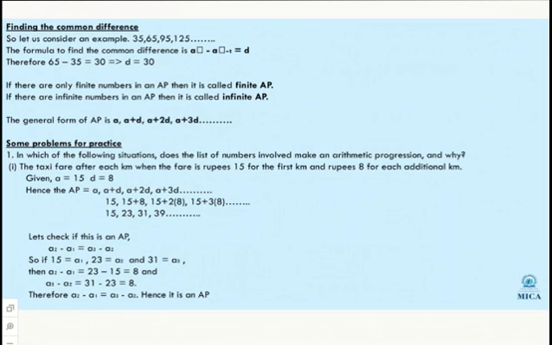Finding the common difference. So let us consider an example, 35, 65, 95 and 125. So the formula to find the common difference is AN minus AN minus 1, which is equal to D. Hence 65 is the second term and the first term is 35, which is A1.